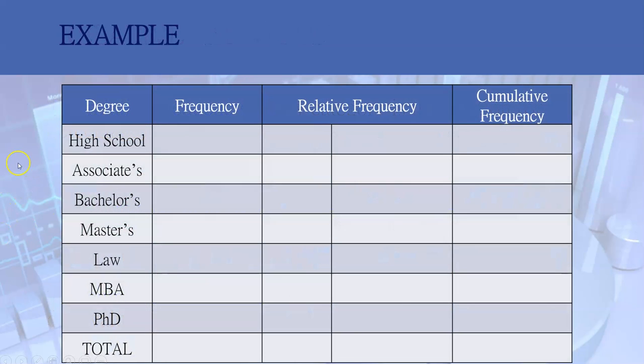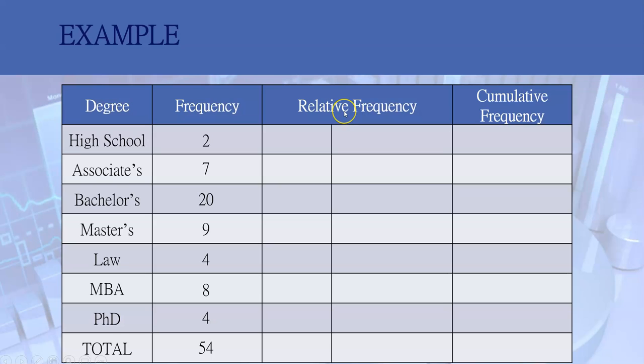So let me give you an example. Here's the table from before. This is just the frequency table that we looked at a minute ago. 2 people in this survey have a high school diploma, 7 have an associate's degree, 20 have a bachelor's degree, 9 have a master's degree, and so on, for a total of 54 people who were surveyed altogether.